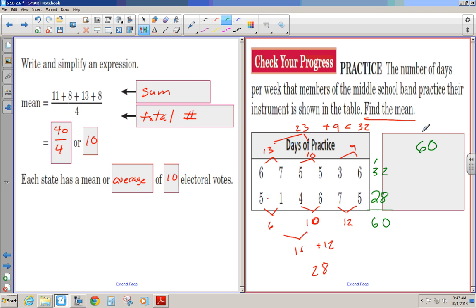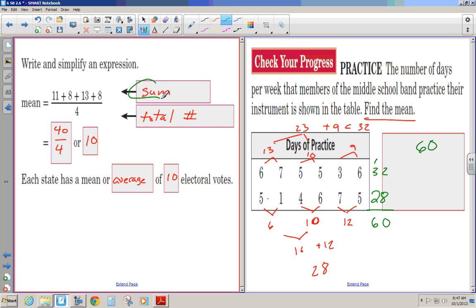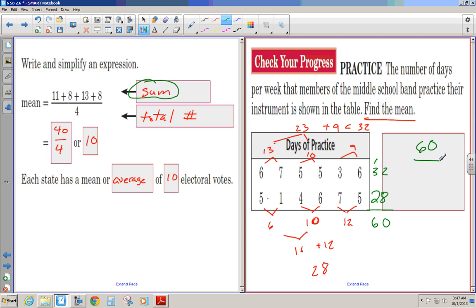So the sum of the data is 60, divided by the total number, 12. So you would say the mean or average for each kid, number of days practicing per week, is 5.